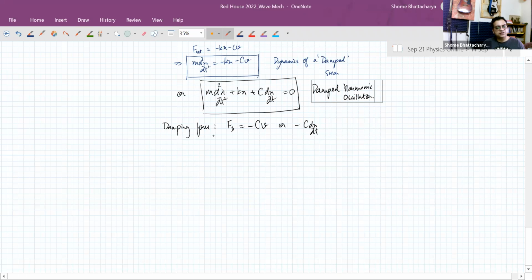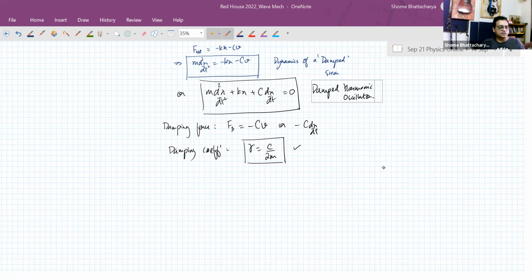And the second thing we'll define is the damping coefficient. And we'll see that the damping coefficient plays an important role in the analysis. So typically we denote the damping coefficient by the symbol gamma, and it is given by the formula c by 2m. Always remember it is not c by m, but it is c by 2m. So this damping coefficient plays an important role.